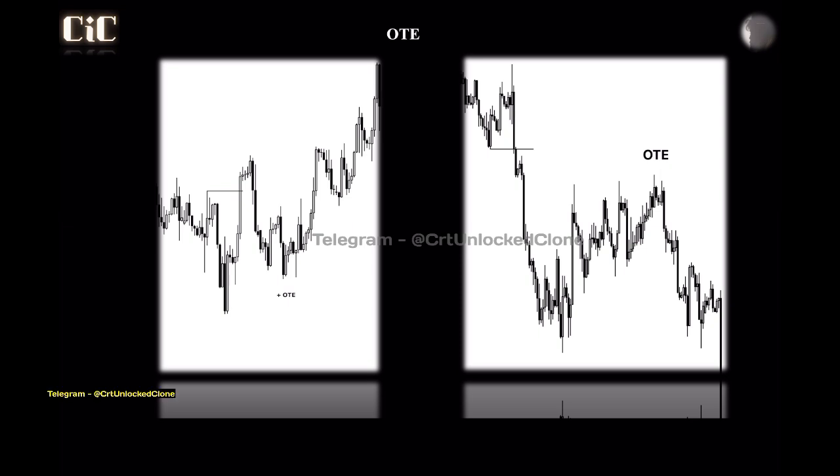One of the most surefire, beautiful trades you can take is the deep retracement after a market structure. And note this down. OTE is defined as the deep retracement after a market structure shift, either bullish or bearish, designed to scare away the people who are on the right side of the market. Usually lies from the 50% Fib all the way down to the 0.886 Fib of the price leg.